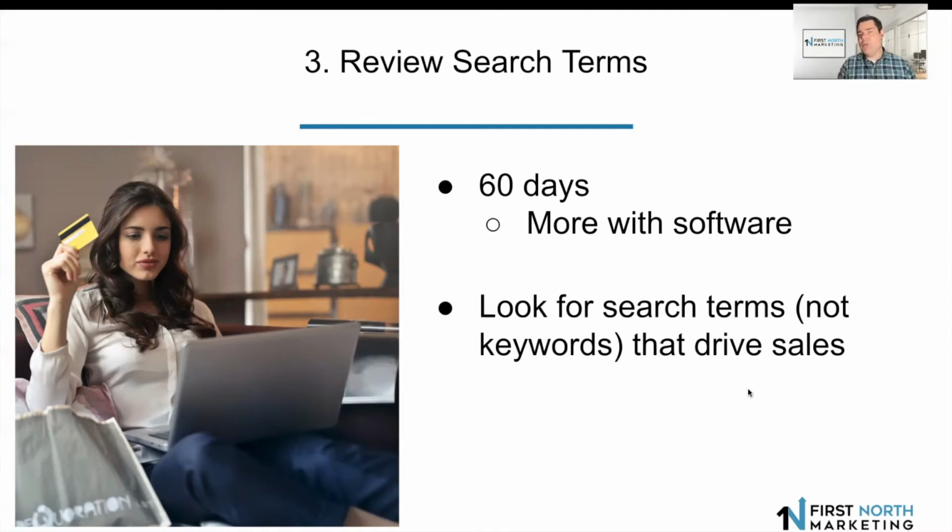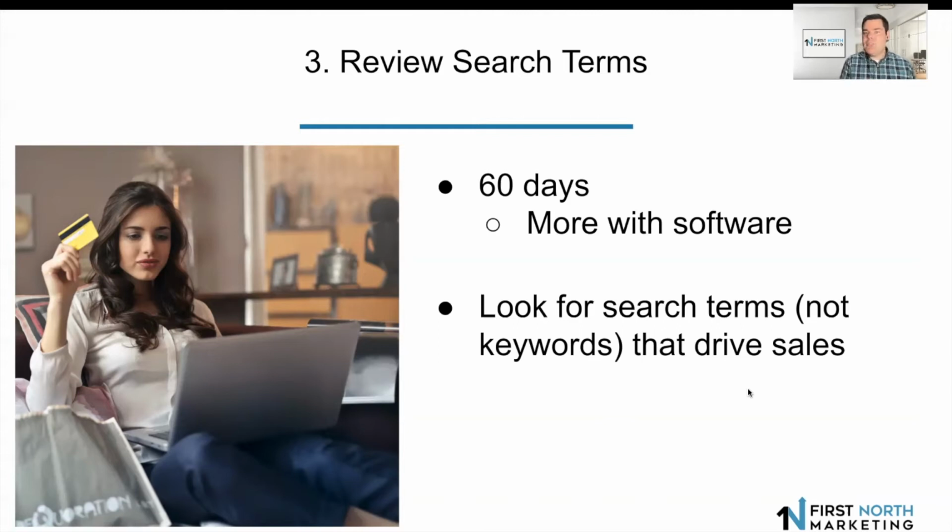It's important to know when you're looking at these search terms that the more sales it has, the more validity and the greater possibility that when you put that into your title, you're going to see an increase in conversion rate. So if it's a search term that you only see one sale from, there's a possibility that that could be a complete fluke.